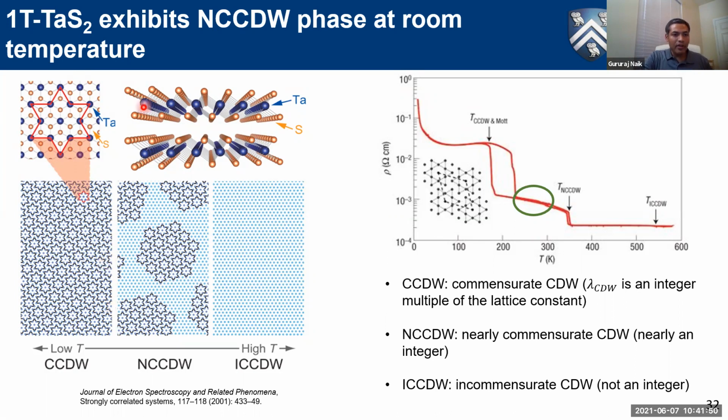And this material, at very low temperatures, exhibits this fully condensed charge density wave system. We call it CCDW or commensurate CDW state. And at room temperature, it exhibits this nearly commensurate CDW state. So where you have domains of condensed charge ordering surrounded by a few domains which are not condensed anymore.